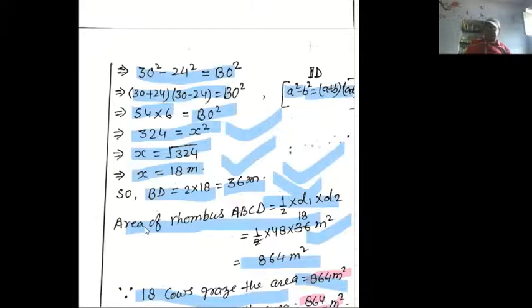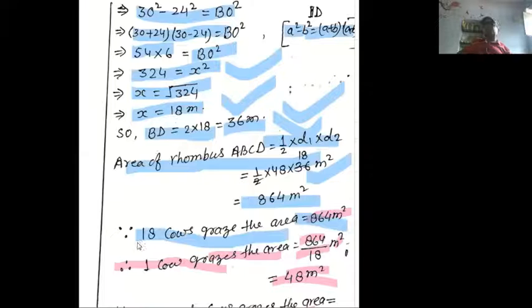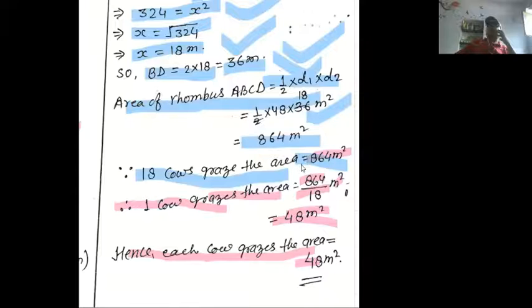Now put the formula, area of rhombus equal to half into D1 into D2, diagonal 1 into diagonal 2, product of diagonals, equal to half into 48 into 36.